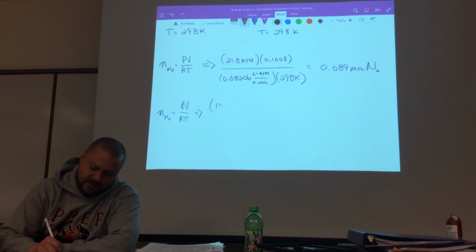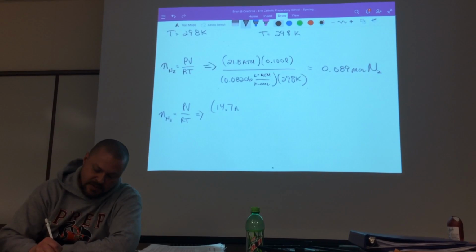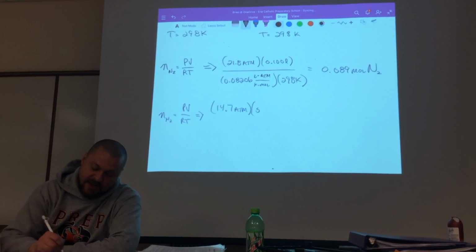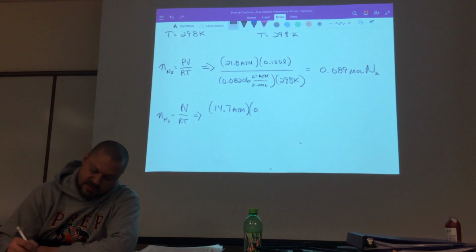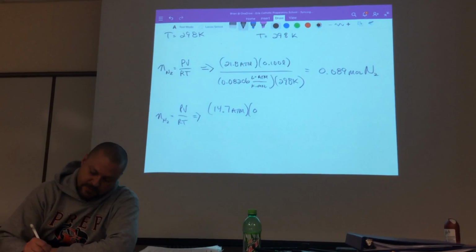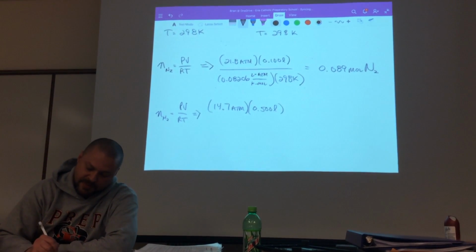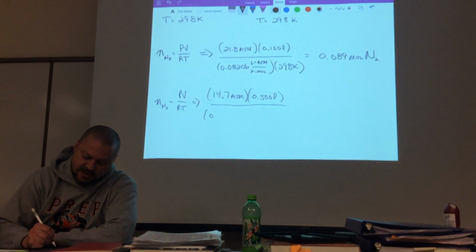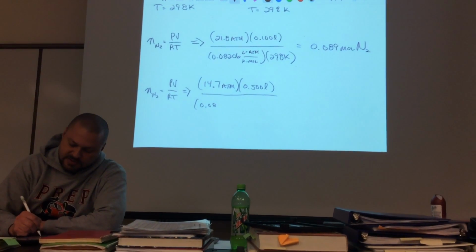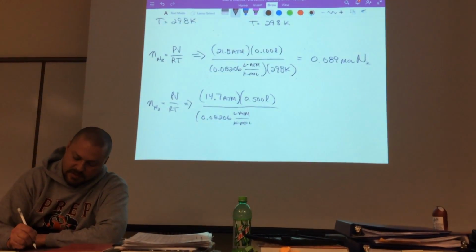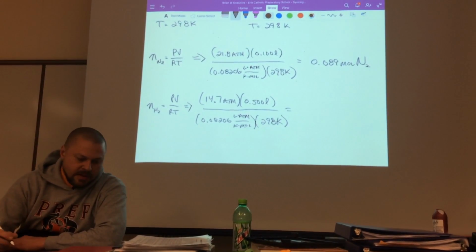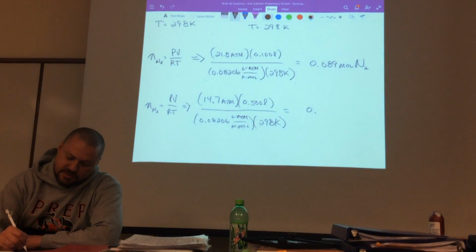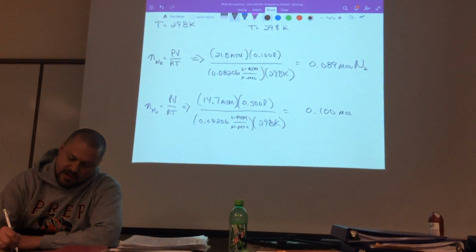This time it's going to be 14.7 atm, and this time it's 500 milliliters or 0.500 liters, over the ideal gas constant 0.08206 liter atmosphere per Kelvin mole, times 298 K. I'm going to do that. I'm going to get 0.100 moles of H2.